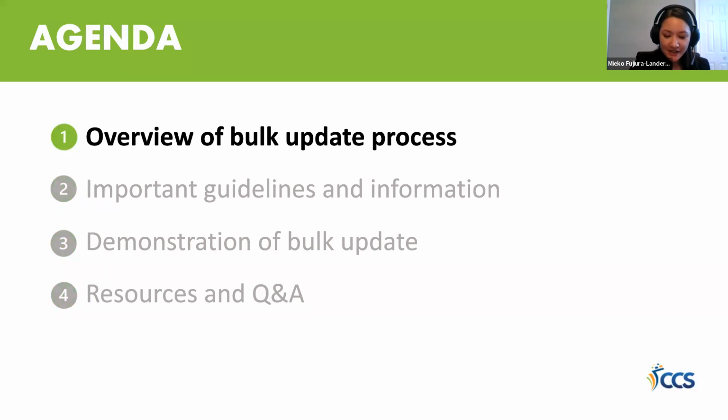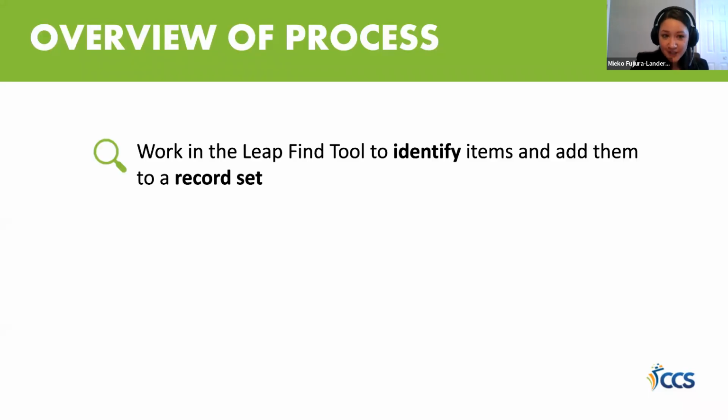So first on our agenda is that short overview of the bulk update process. When I say short, I mean short. Thankfully, it's not an involved process, as you will soon see. There are two main stages to bulk updating these due dates. For the first stage, we'll be working in the LEAP Find tool, and we'll use the Find tool to search for and identify our items.